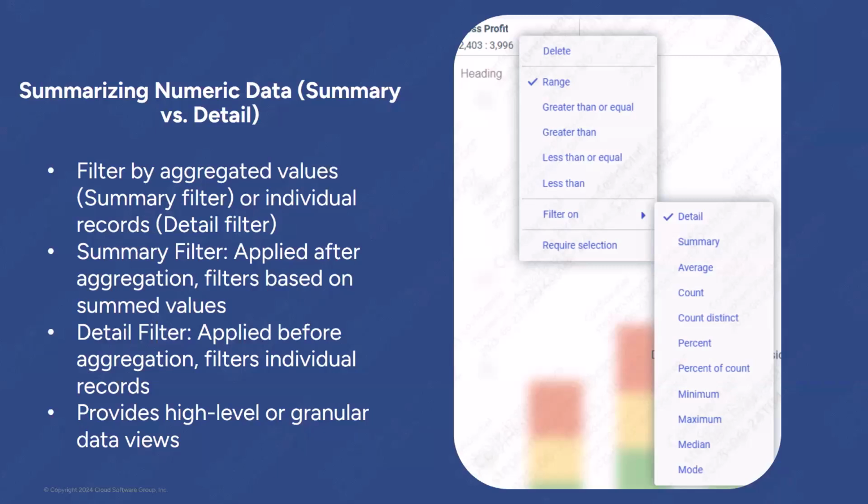So if I've got average gross profit in my example, this would be a way of applying that filter and then deriving the average value across whatever you're filtering on. And this is a good way of giving the user some additional ways of filtering the information.